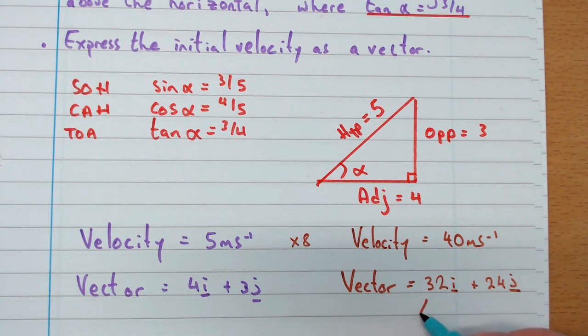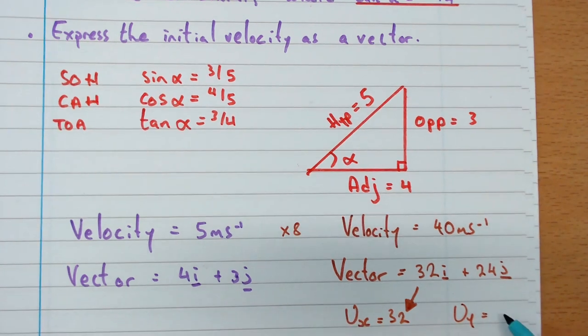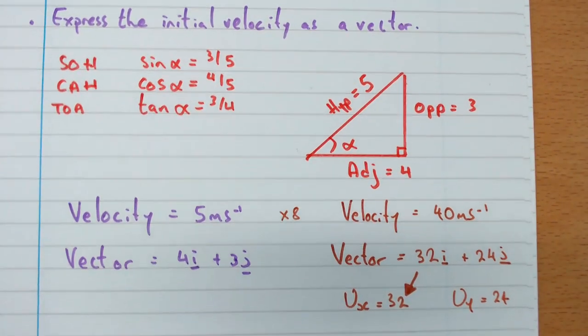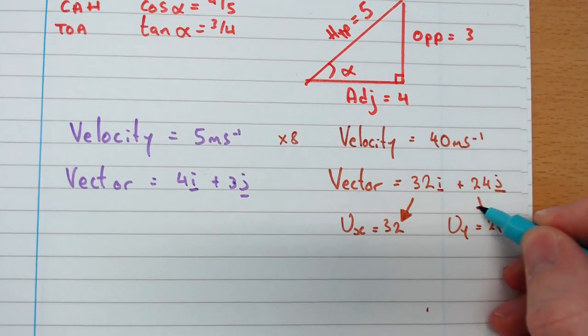So our required vector is 32i plus 24j. To break this up into its components, the horizontal component, ux, is 32, and the vertical component, uy, is 24.